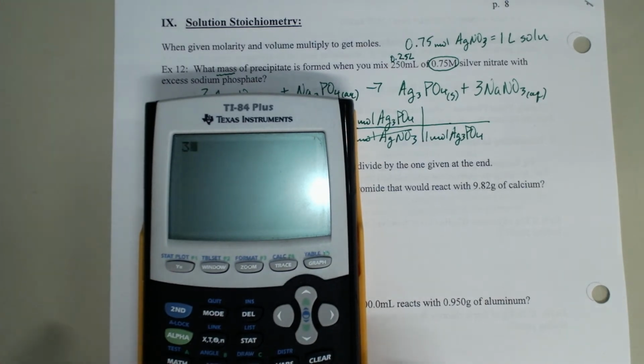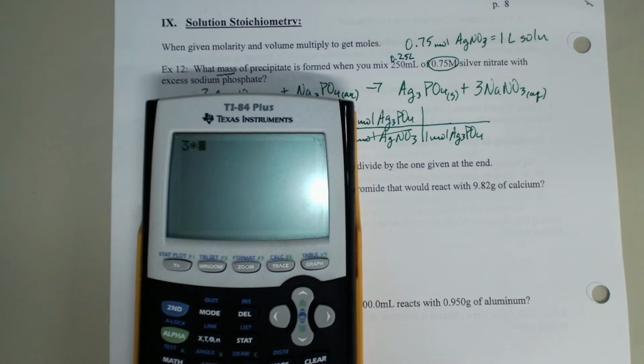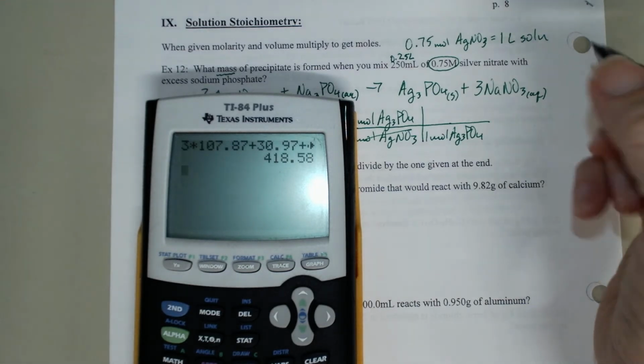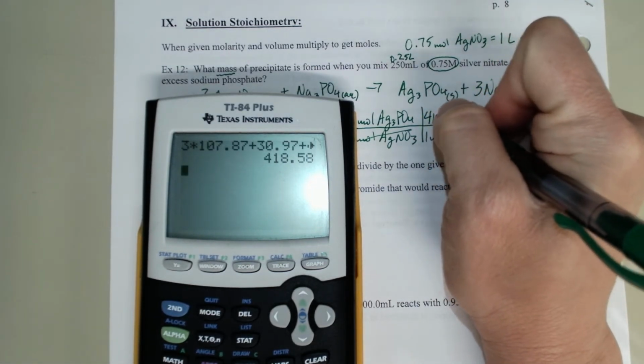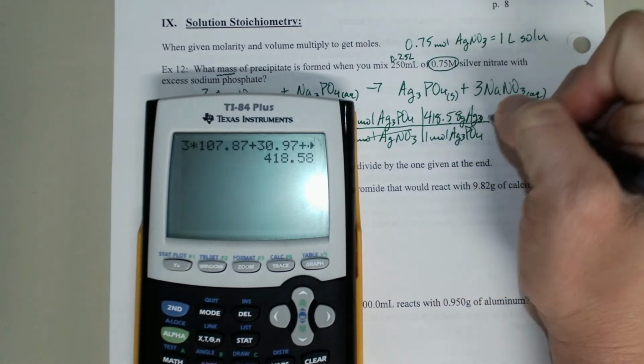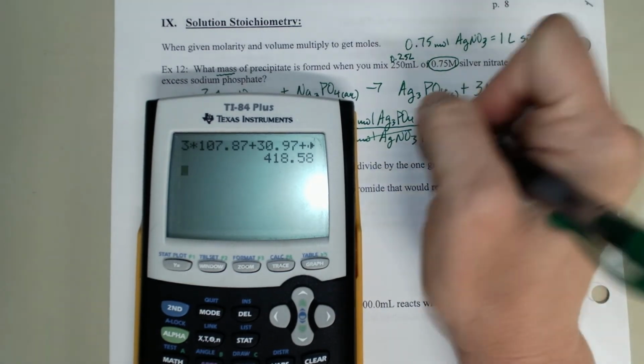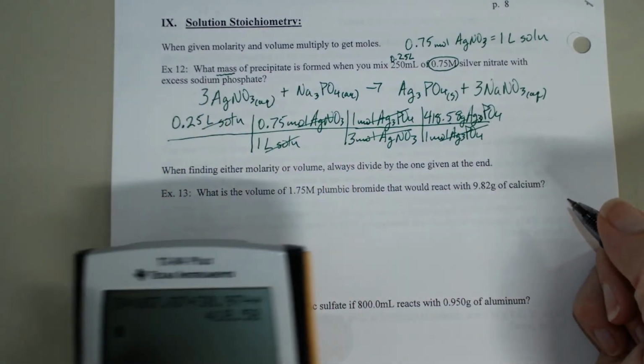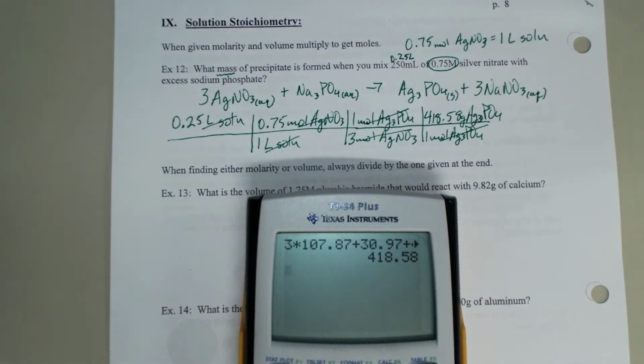So 3 times 107.87 plus 30.97 plus 4 times 16. So 418.58 grams of silver phosphate. So moles of silver phosphate cancel. And then I just multiply across the top and divide by the bottom.